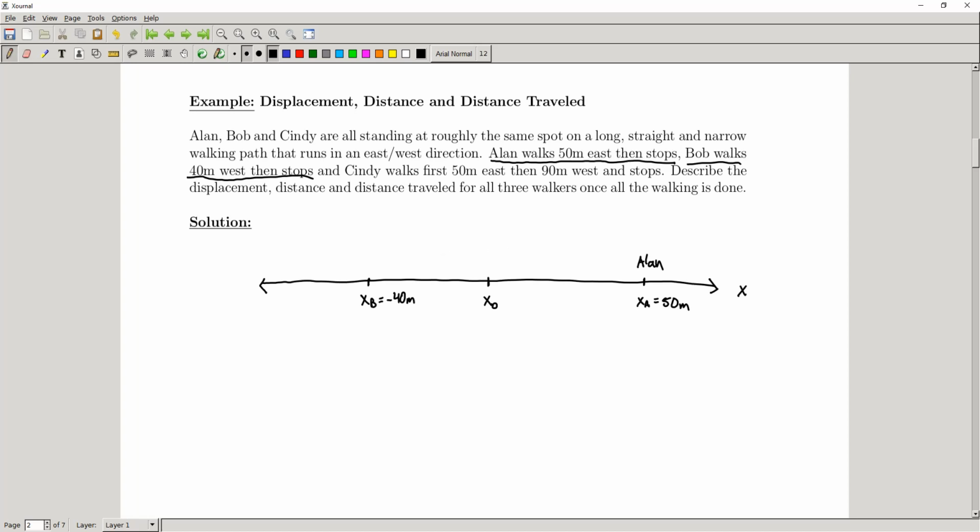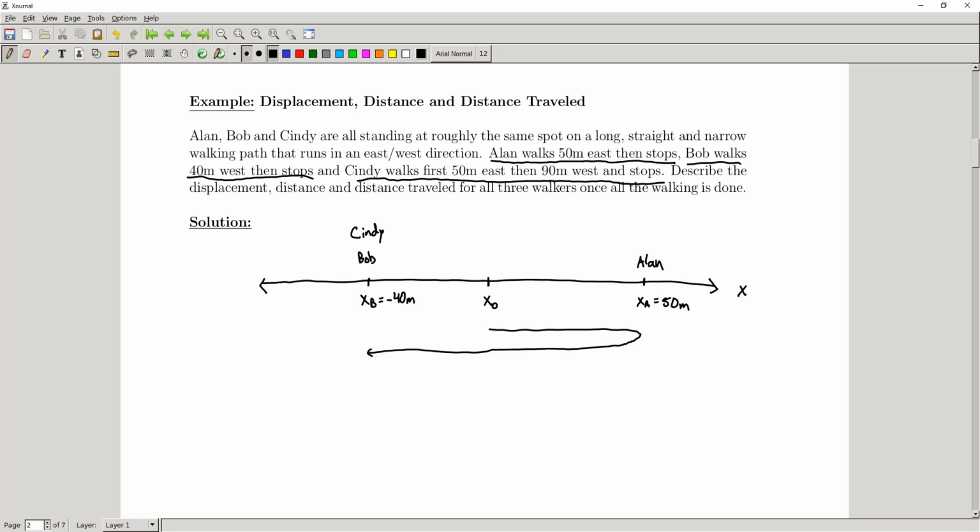So Bob has walked to here, and then Cindy first walks 50 meters east, and then walks 90 meters west. So 90 meters west is going to take her back through the origin and all the way over to where Bob is. So Cindy ends up here also. This is what describes Cindy's walking path.